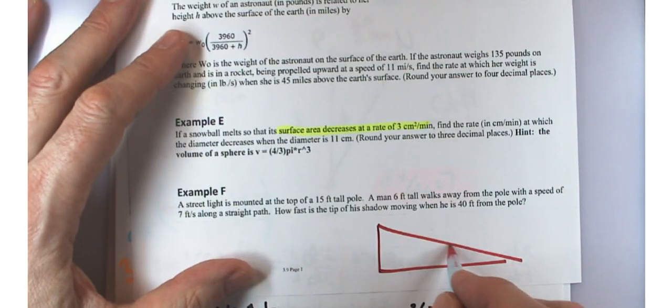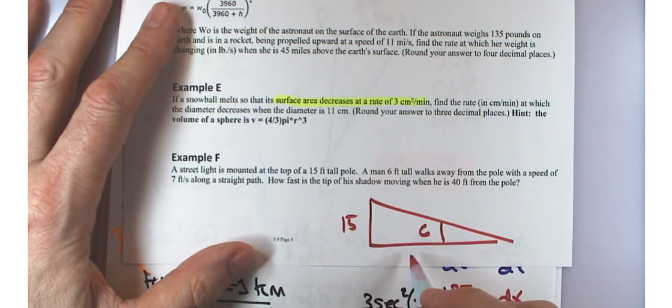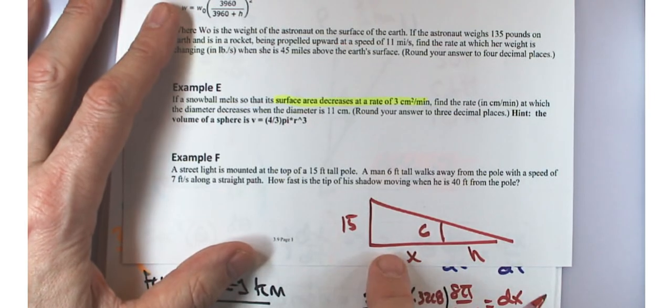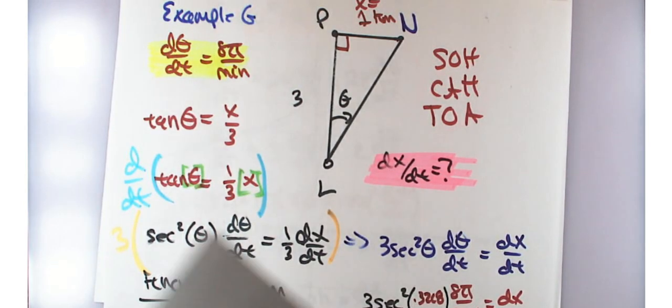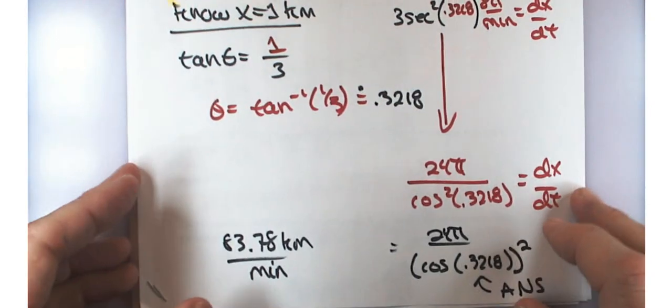You've got a man 6 feet tall, and he's walking away. So you label this distance x, and maybe this one h or something like that. But you've got to set up similar triangles there. So not everything that involves a triangle is going to be a Pythagorean theorem problem, but a lot of them are. So I wouldn't be surprised to see a Pythagorean theorem problem on an exam.